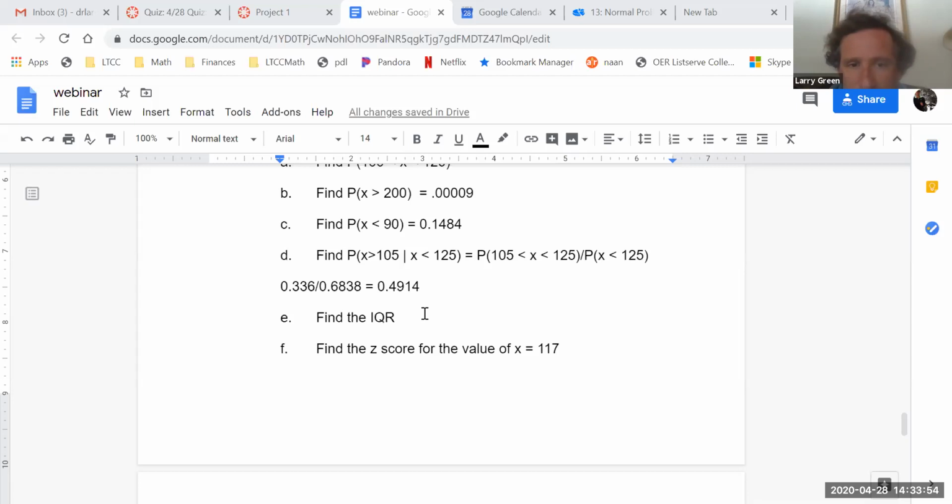Let me write that down. So that's the third quartile minus the first quartile. Any questions on this idea here?